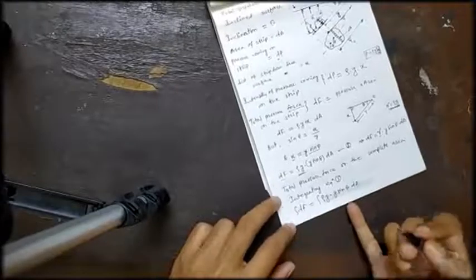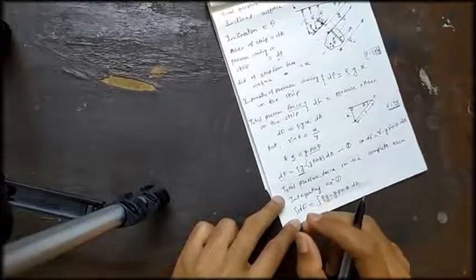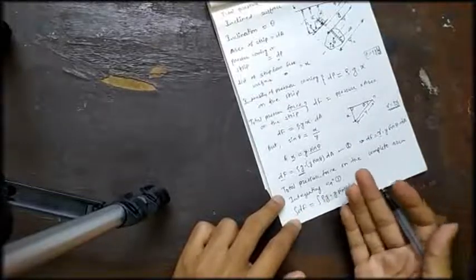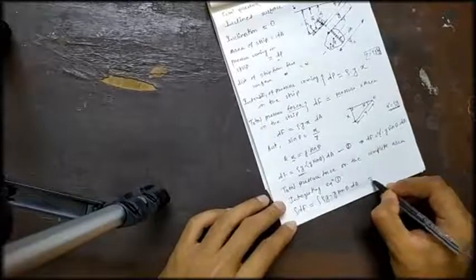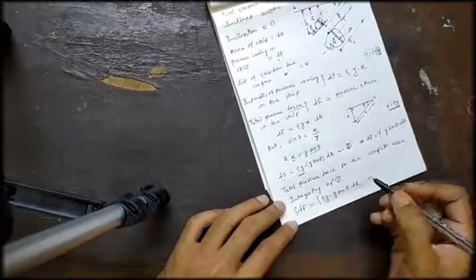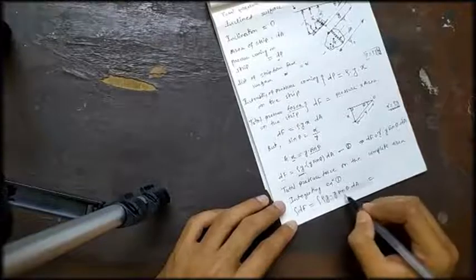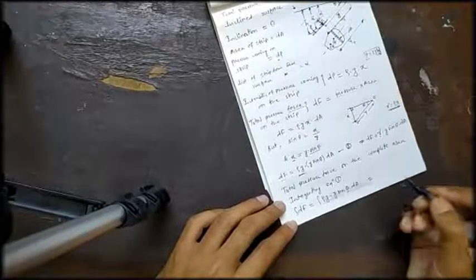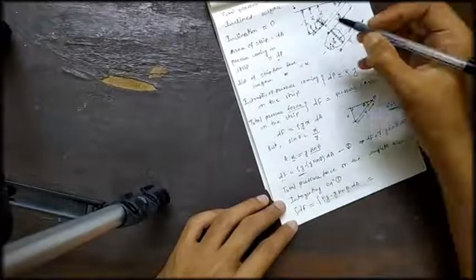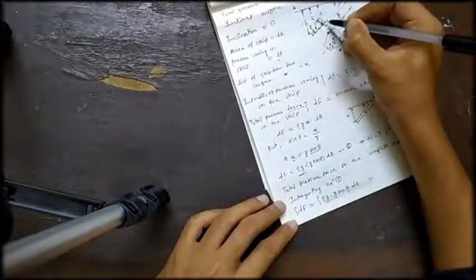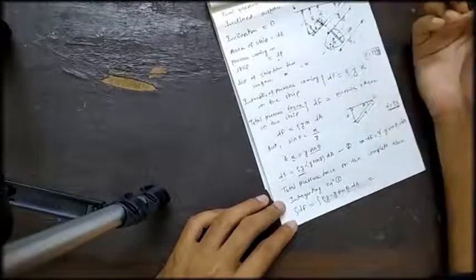Now in this equation, what are the constant terms that we have to take outside? Rho remains constant, that is the density of the water, then g remains constant, and theta remains constant. We are not changing the inclination of this complete plate, so theta remains the same.